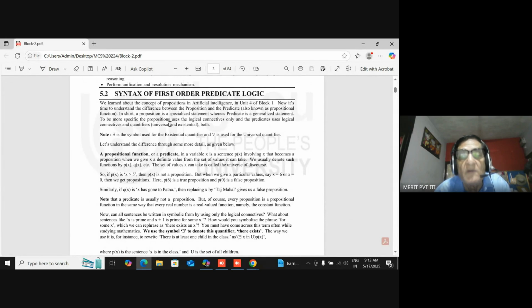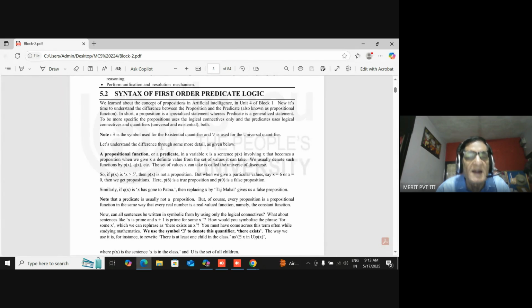This is the symbol used for the existential quantifier, and this, the inverted A, is used for the universal quantifier. This is existential, this is universal.